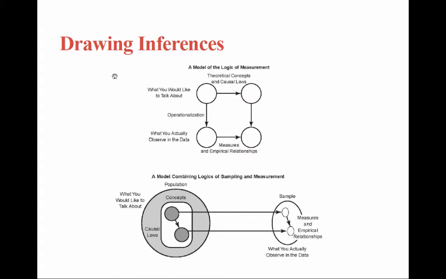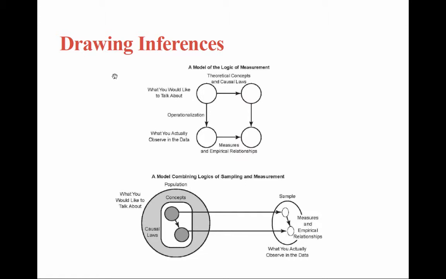Now, if I combine that logic of measurement with my logic of sampling, what I'm trying to do in sampling is preserve, and this is very important, what I think is a causal relationship in the population. I'm trying to preserve that by picking a sample where that same causal relationship exists. I'll repeat that because it's quite important.